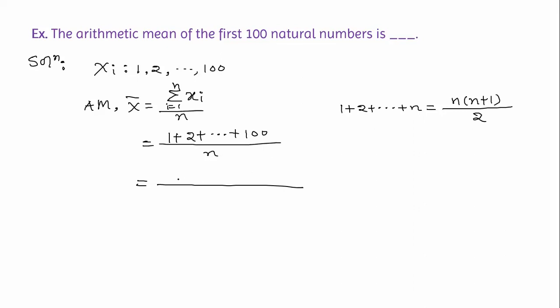So we make use of the same, and using that it will be 100 into 101 divided by 2 into n. N means 100. So 100 cancels, so 101 by 2, and that is nothing but 50.5. So this is the arithmetic mean of the first 100 natural numbers.